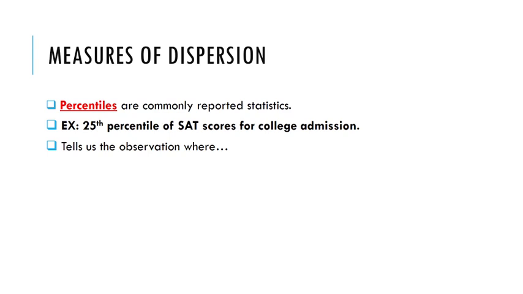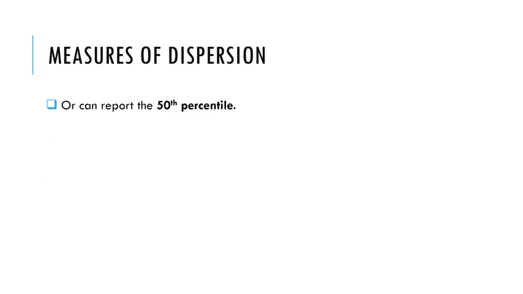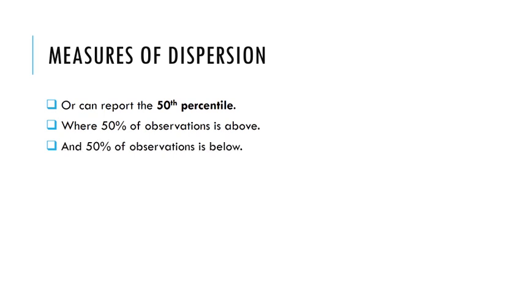A percentile tells us the observation where 25% of data is below, if we're talking about the 25th percentile, 25% of data is below, and 75% of data is above. Or instead of the 25th percentile, we could report the 50th percentile. So that's going to be where 50% of observations are above and 50% below.